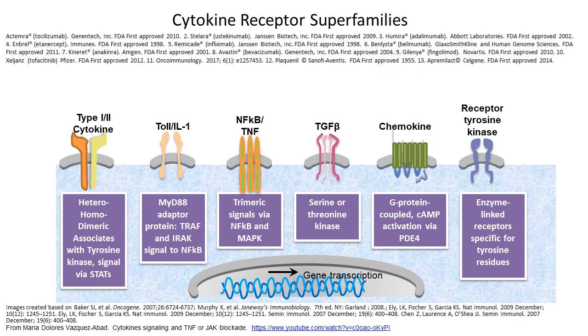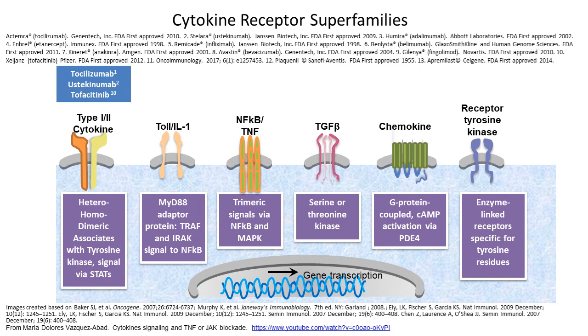Understanding these different superfamilies is important because we have actually an armamentarium that uses all of them. So when we see, for instance, tocilizumab, ustekinumab, these will block a type 1, 2 cytokine pathway, because tocilizumab blocks the IL-6 pathway which signals through this JAK-STAT pathway.